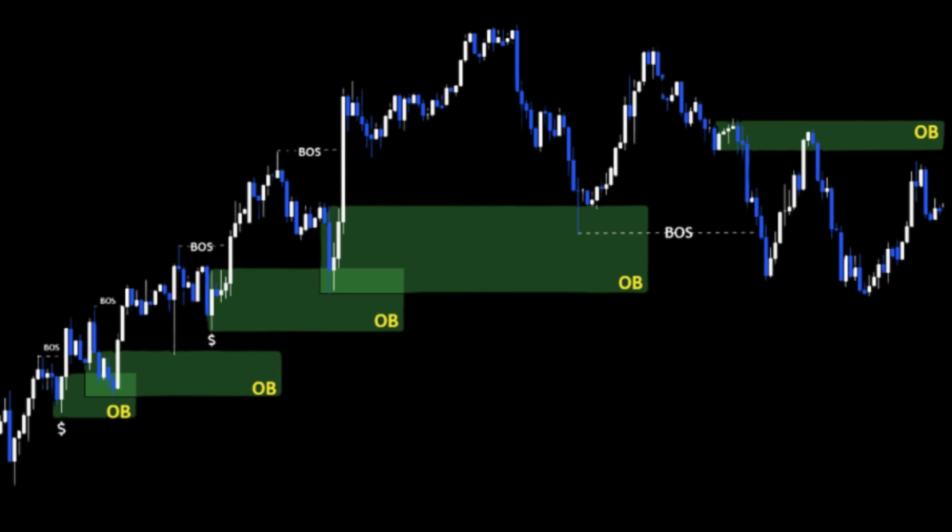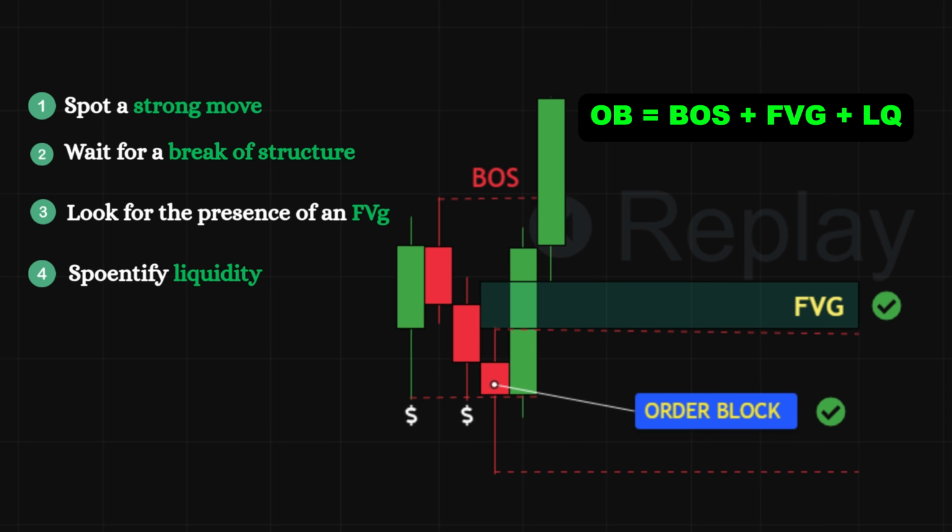Before we move on, let's quickly recap the key confirmations you need to check before entering on an order block. The first thing to look for in an order block is a strong move, characterized by a series of impulsive candles driven by institutions. The second confirmation is the break of structure, which validates the shift and continuation of the trend.